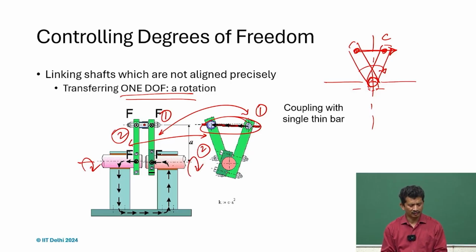either it will be in compression or in tension. But what we realize is that it is sufficient, and if there is any eccentricity or offset because of the misalignment, or even the axis, there can be an offset.